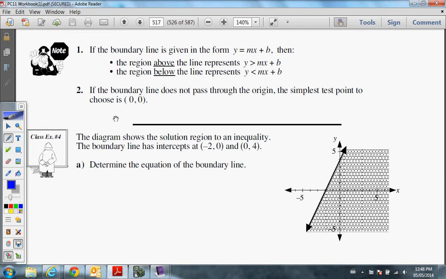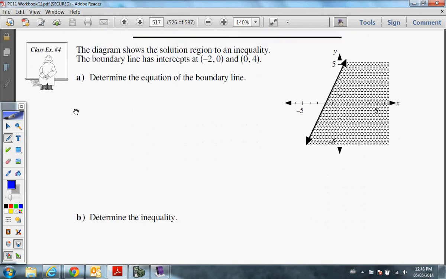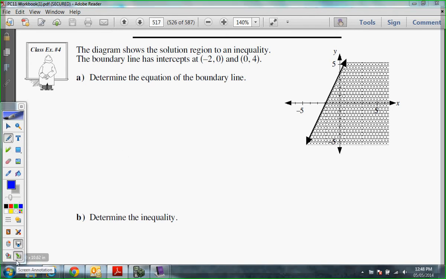So now they give us the graph, and we want to figure out what the equation is that made this graph. So we want to figure out what it is in this form. Okay, so looking at this line, let's take out a couple key points that I want you guys to be able to recognize right off the bat.